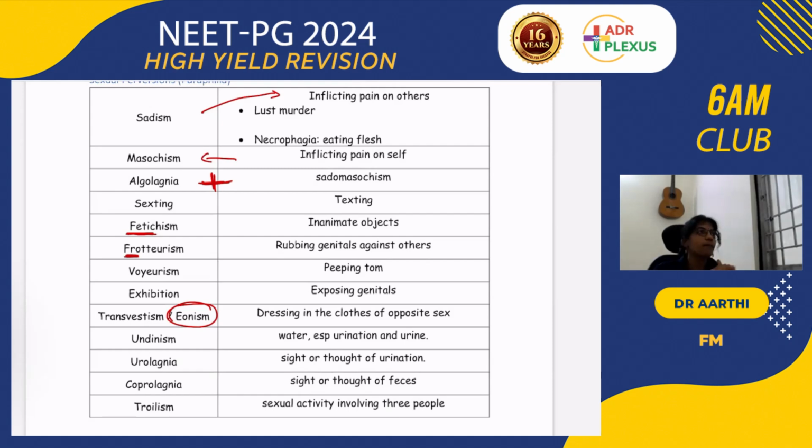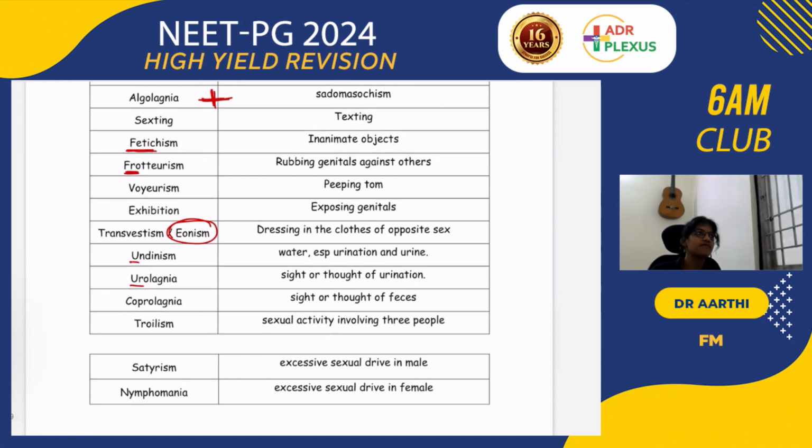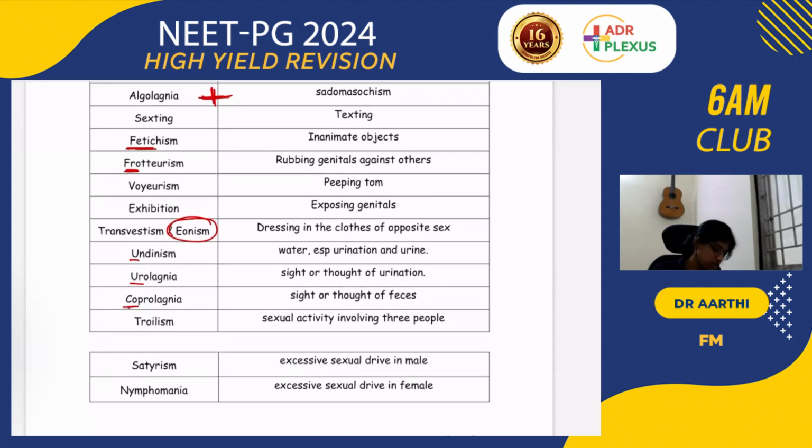Voyeurism is peeping Tom, exhibition is being naked. Transvestism, the word that they are using is eonism, particularly the undergarment we are talking about. Undinism, urolagnia, all of these are related to urine. And coprolagnia is feces, copro, feces. Triolism means sexual activity involving three people.